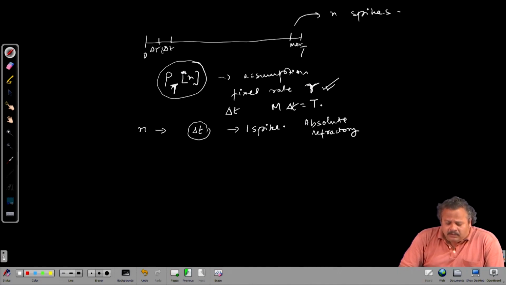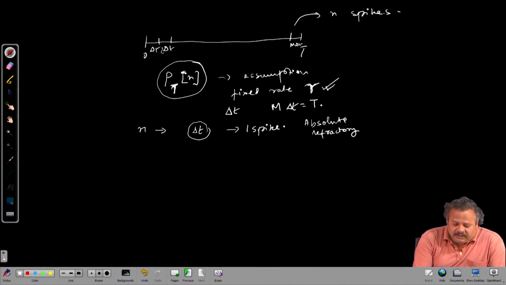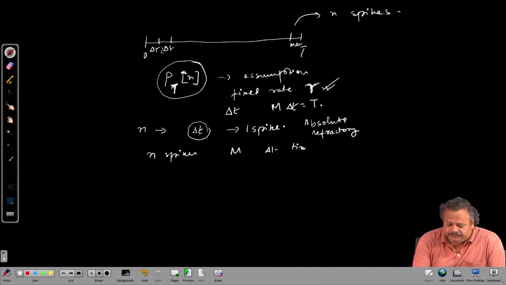So, that means we need to put these n spikes in the capital M delta T time windows.